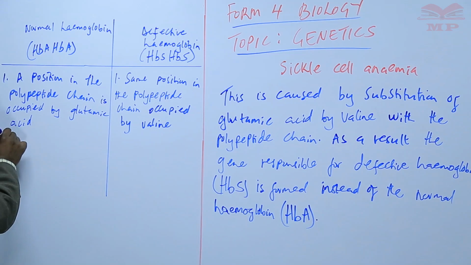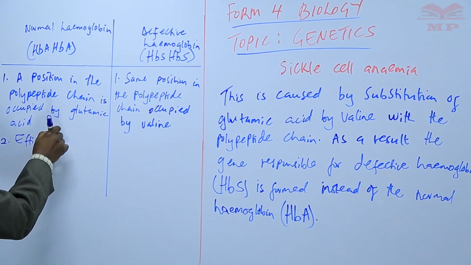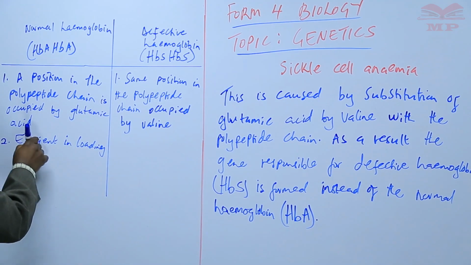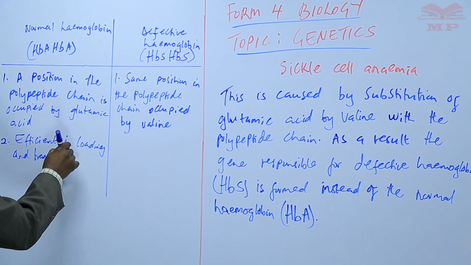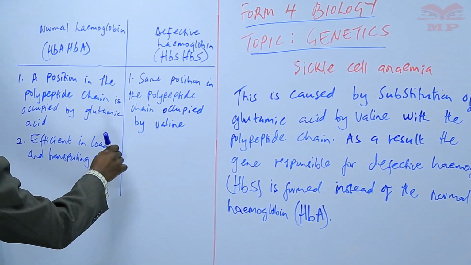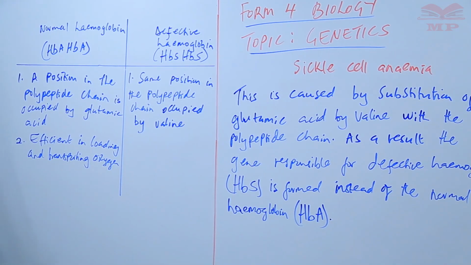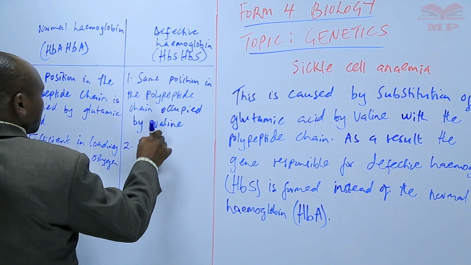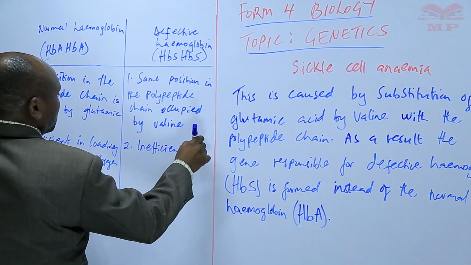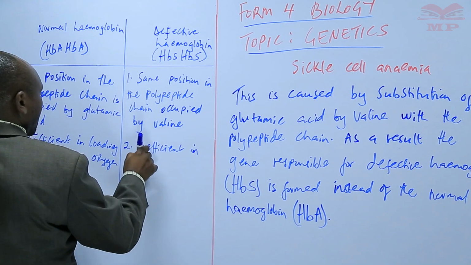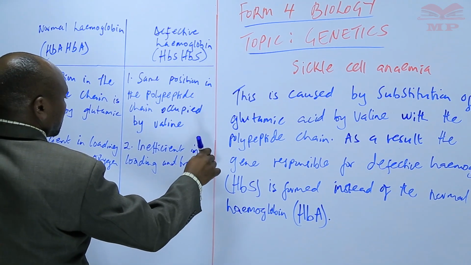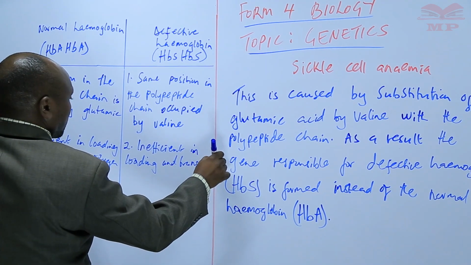Then the normal hemoglobin is efficient in loading and transporting oxygen, and the HbS is inefficient in loading and transporting oxygen.